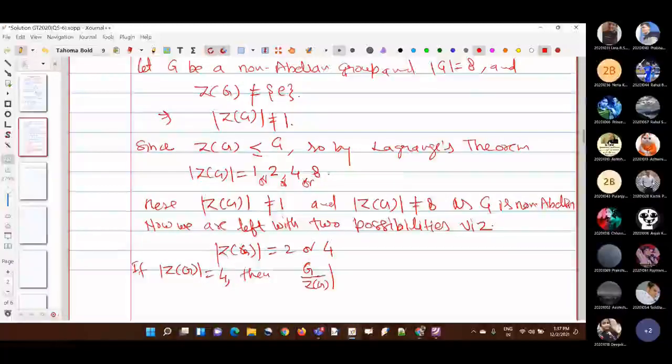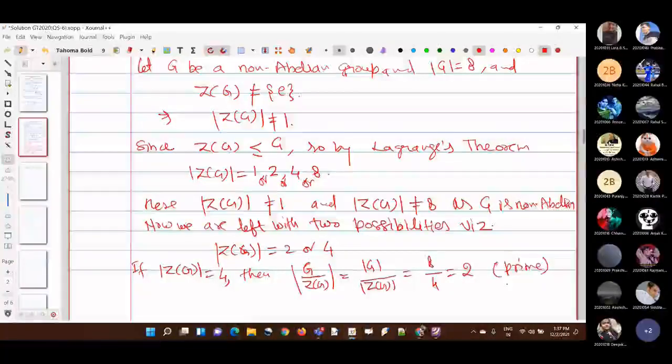The order of this is the order of G divided by the order of the center of G, which is 8 divided by 4, which equals 2, and 2 is a prime number.